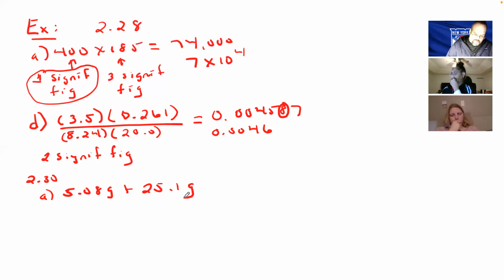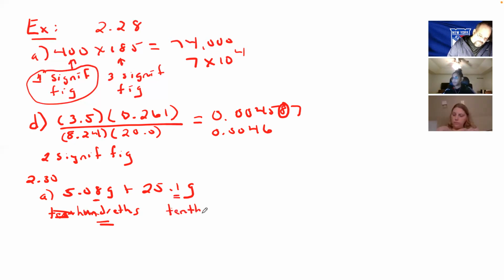So here, if I look at these two numbers, for 5.08, the last decimal is in the hundredths place. For 25.1, my last decimal is in the tenths place. So when I add these two numbers, my answer needs to go to the tenths place.